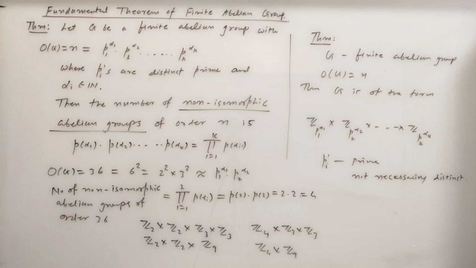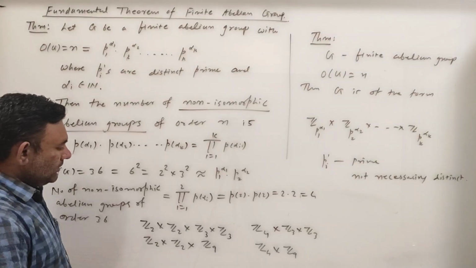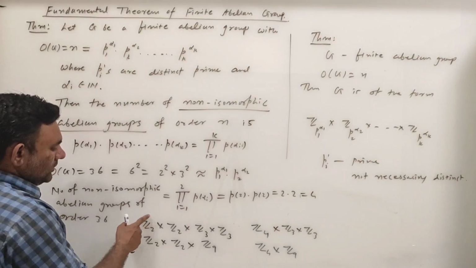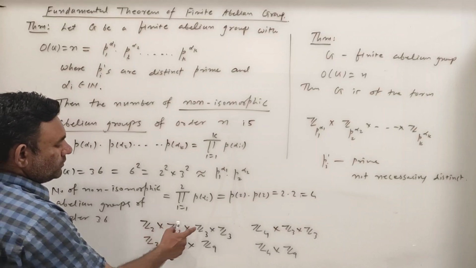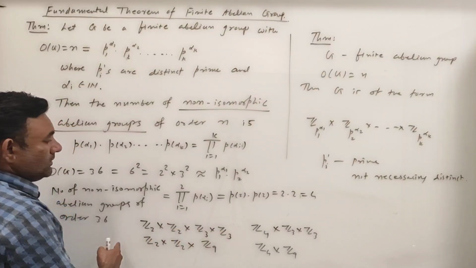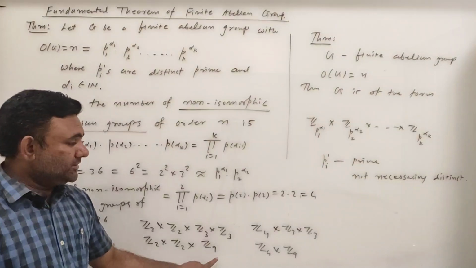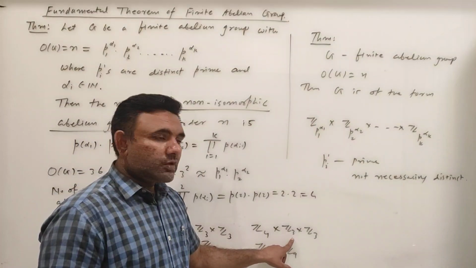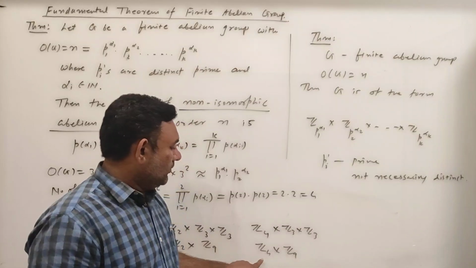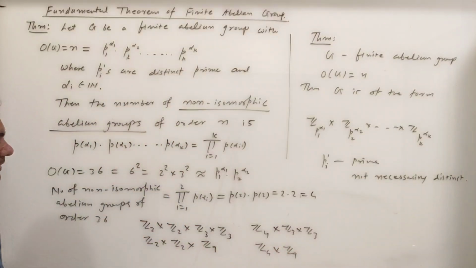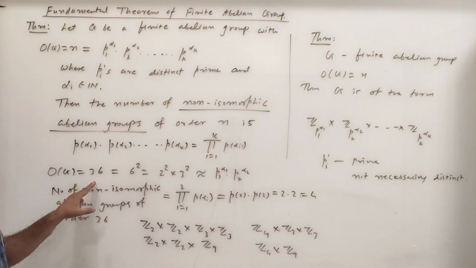So if you see, then order of this group is 2 into 2 into 3 into 3, that is 36. Here 2 into 2 is 4, 4 into 9 is 36, 4 into 3 is 12, 12 into 3 is 36, 4 into 9 is 36. तो ये चारों के चारों ग्रुप का ऑर्डर क्या है? 36.